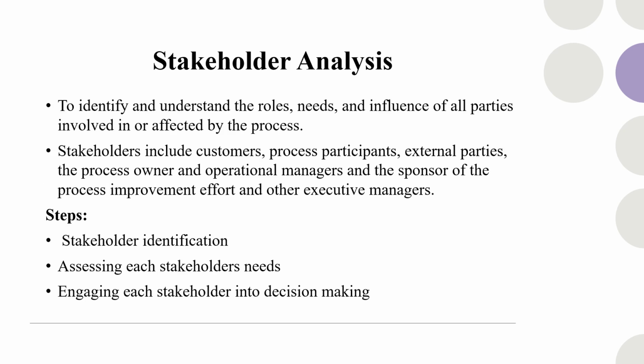Next up, we have a stakeholder analysis. The goal is to identify and understand the roles, needs, and influence of all parties involved in or affected by the process. Now, stakeholders can include customers, process participants, external parties, the process owner, operational manager, sponsor of process improvements, or other executive managers.